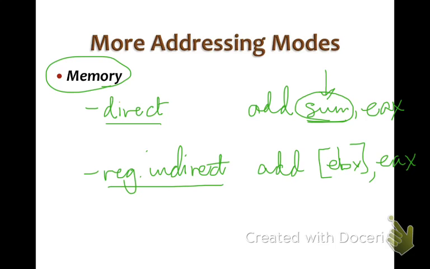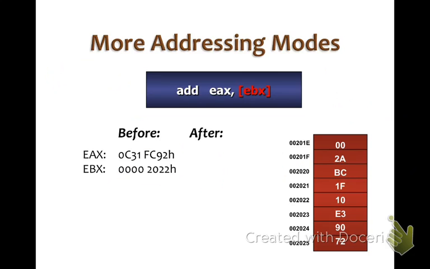Okay, so let's play with this just a little bit. We'll do an example. In this case, I want to add what EBX is pointing at to what is in EAX. Okay, so EBX is right here. I look at my destination, it's a 32-bit addition, so I'm going to look at the 32 bits stored where EBX is pointing, so it points to that.